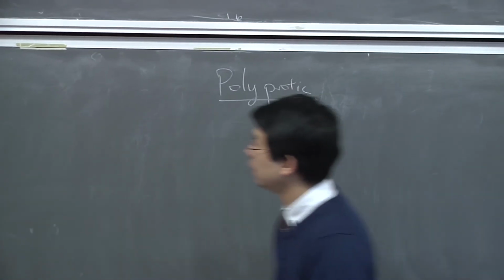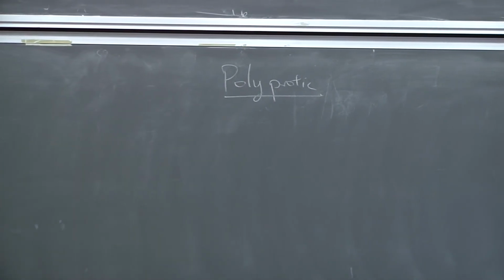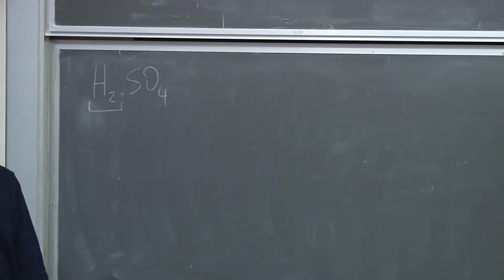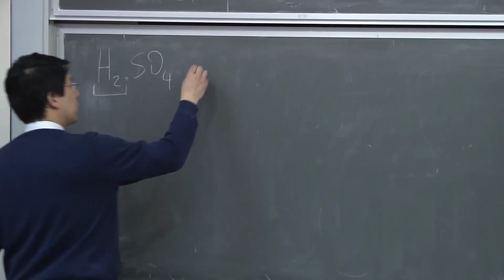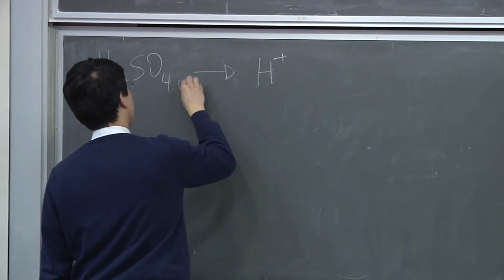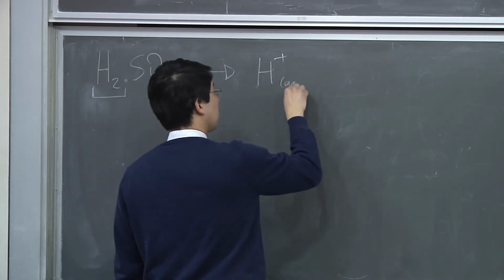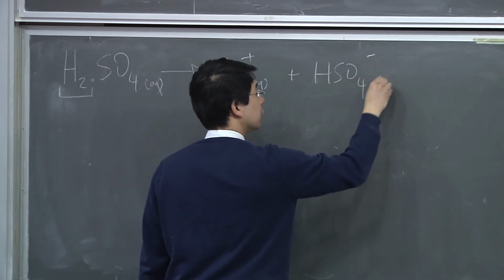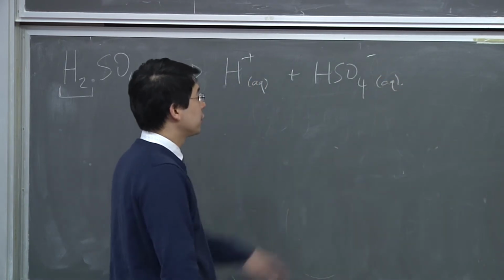In the case of having 2, it's called a diprotic acid. In polyprotic acids, the H pluses come off one at a time. So H2SO4 gives you H plus and HSO4 minus. Do you remember what this ion is called?